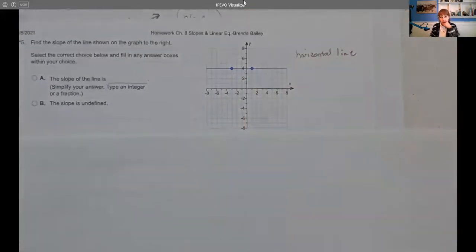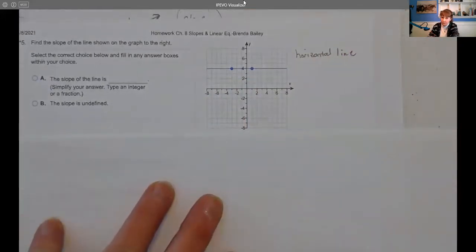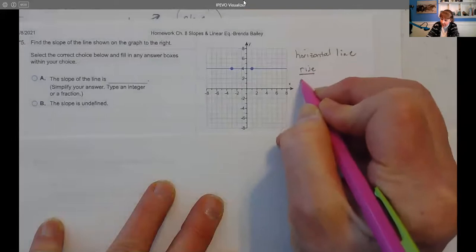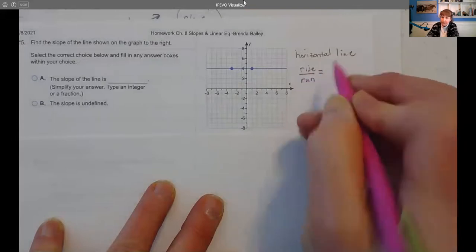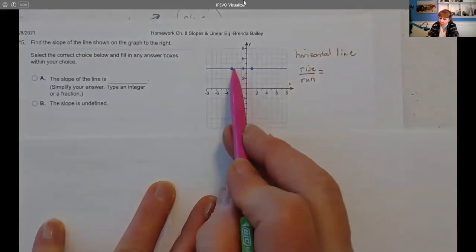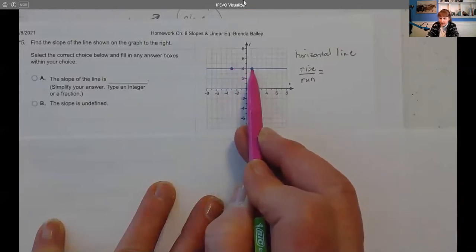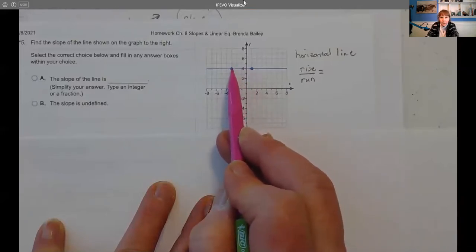That's a horizontal line. And the slope of a horizontal line is done really the same way. It's the rise over the run. But if you're going from point to point, how far up or down do you go? What's the rise in going from this point to this point? Well, there is none.